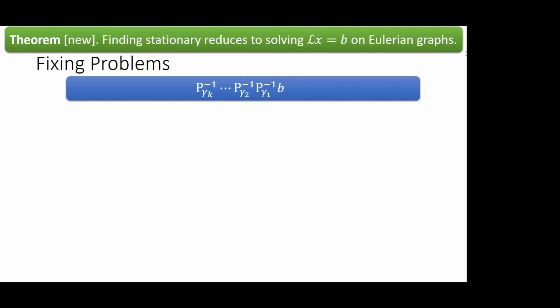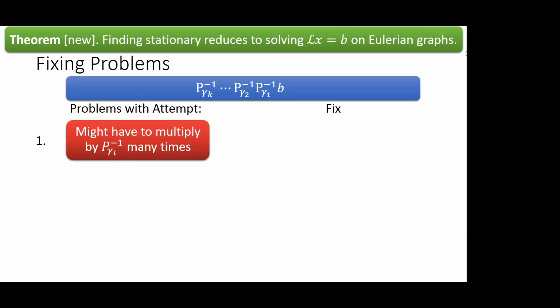Okay, so recall from the previous slide, this is the thing that we're trying to compute: a product of P gamma inverses for different values of gamma times b. And if you recall the problems we mentioned, the first problem was that we might have to multiply by P gamma I inverse for many different values of gamma I, potentially a polynomial number without other assumptions.